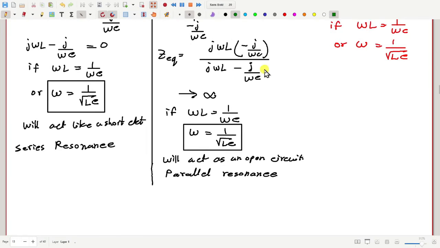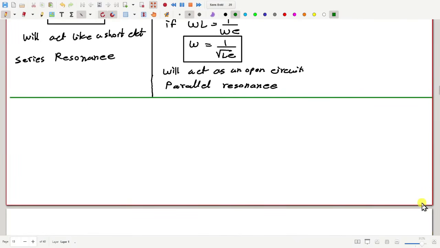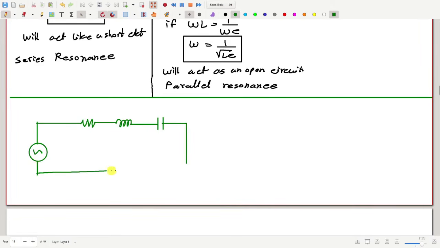Now, suppose we have a source and we connect a resistance, an inductor and a capacitor all in series: inductance L, capacitance C, resistance R. These are all constants.